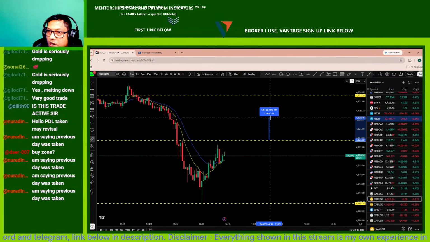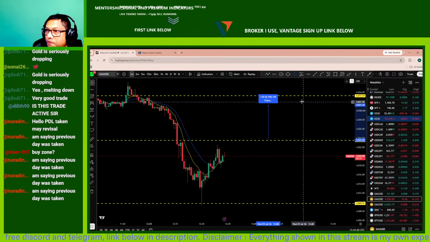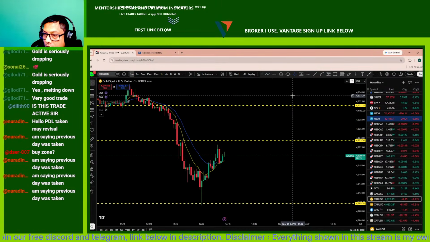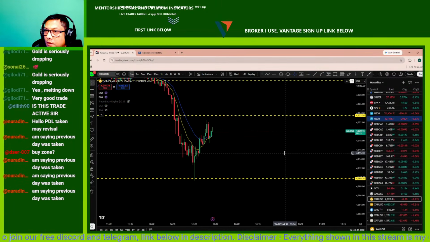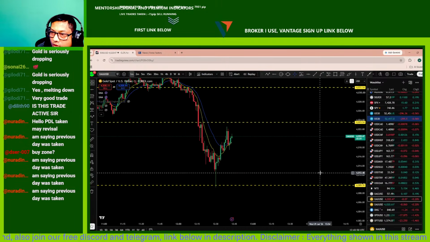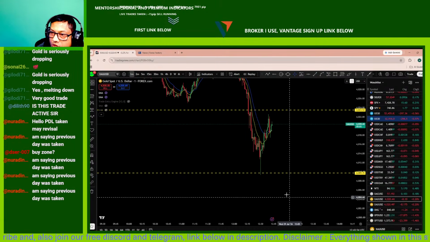still not entering, but I think we can look at only a tight stop loss around 76 pip. Okay, around 76 pip. This is the previous support.